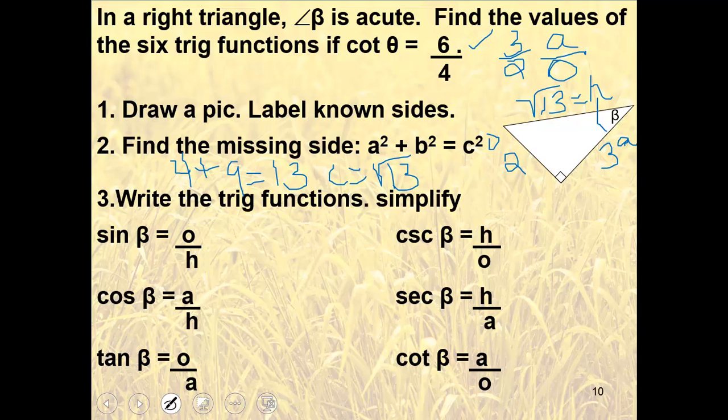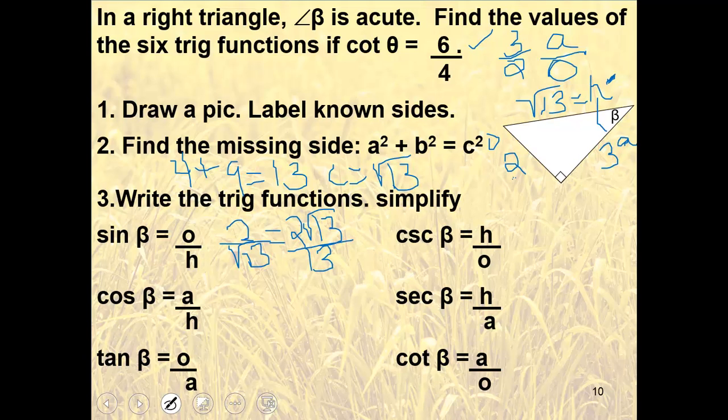The sine of beta is the side opposite over hypotenuse. So I get 2 over the square root of 13, which is equal to 2 square roots of 13 over 13.